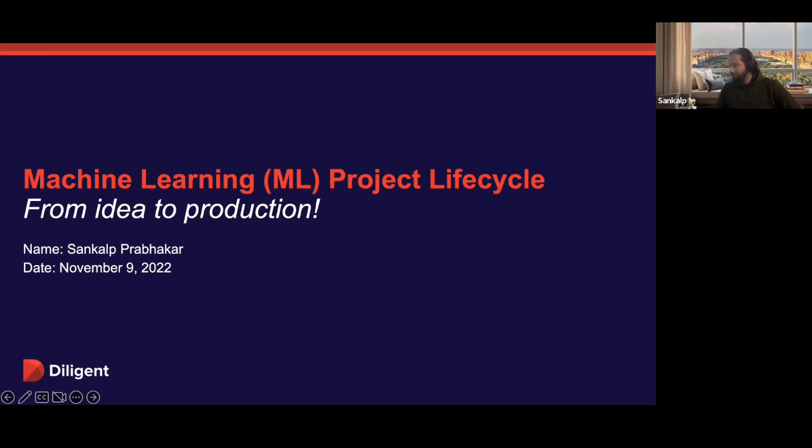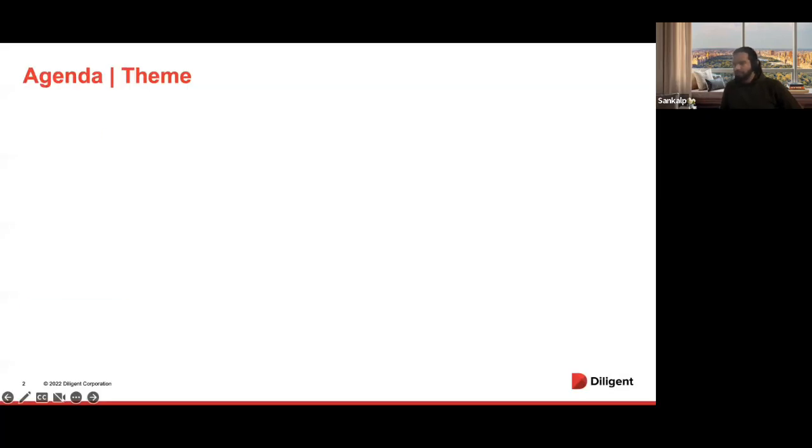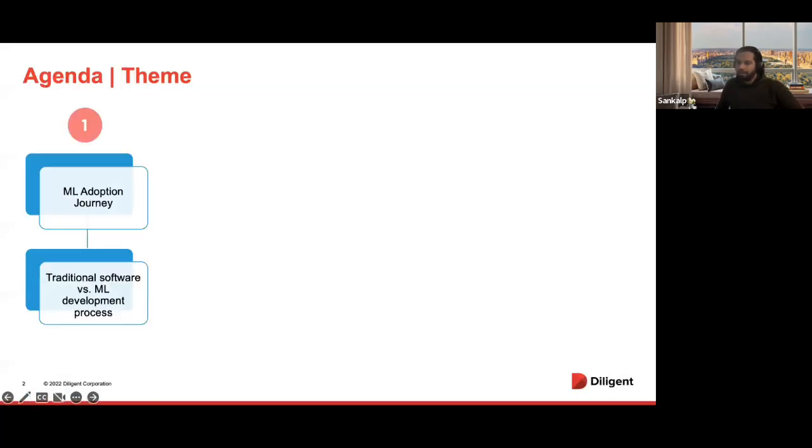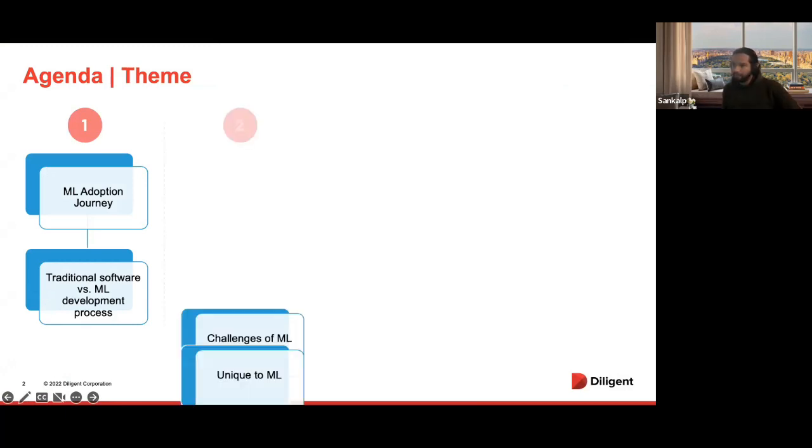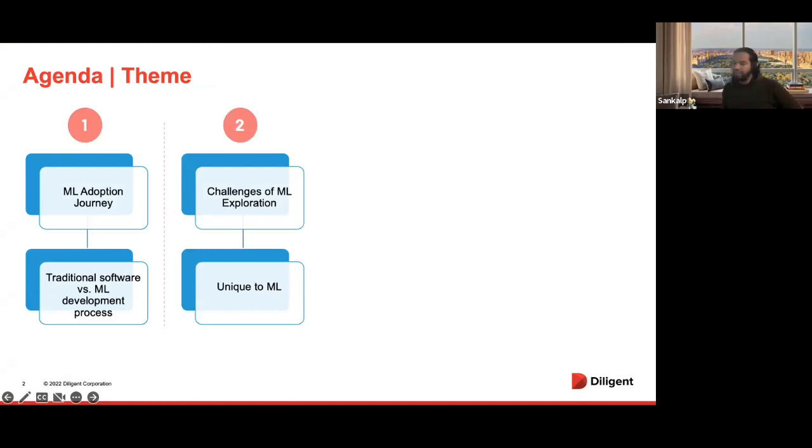All right, so let's look at the agenda or the theme of today's presentation. We'll look at what exactly the ML journey of a typical organization looks like and contrast it with the traditional software development process. We'll look at the challenges that you will often see when doing machine learning exploration.